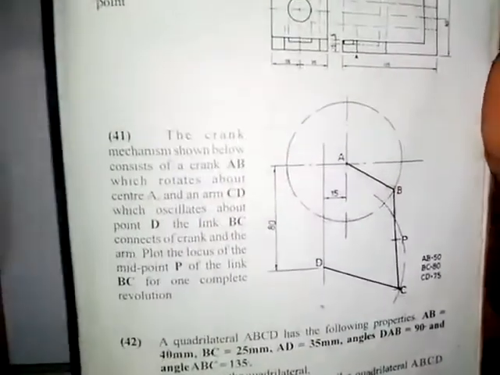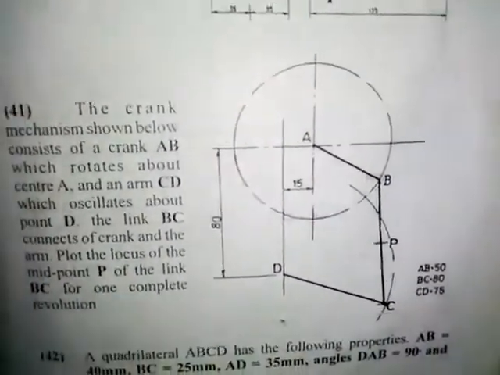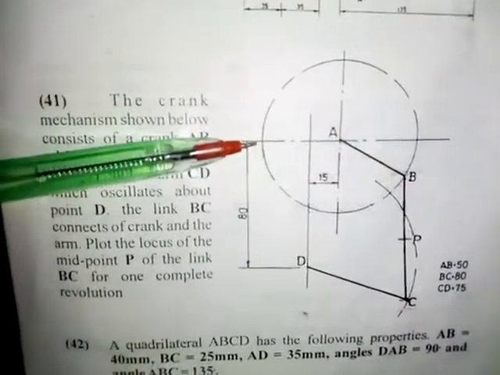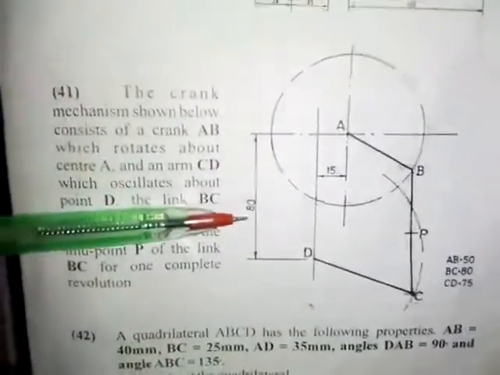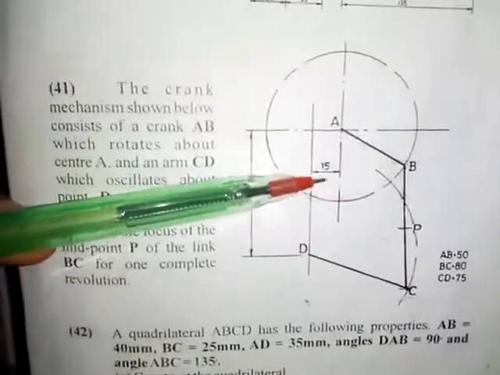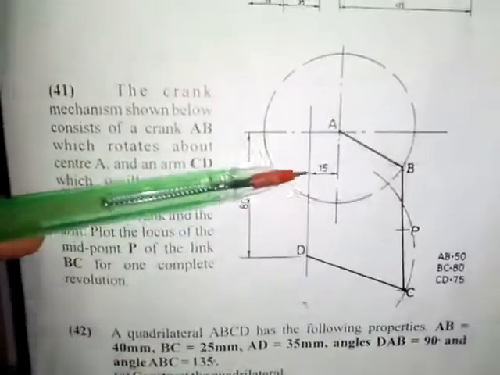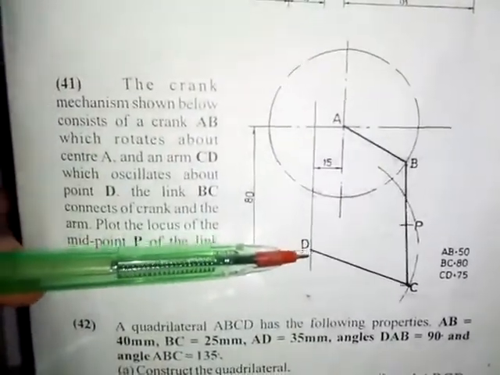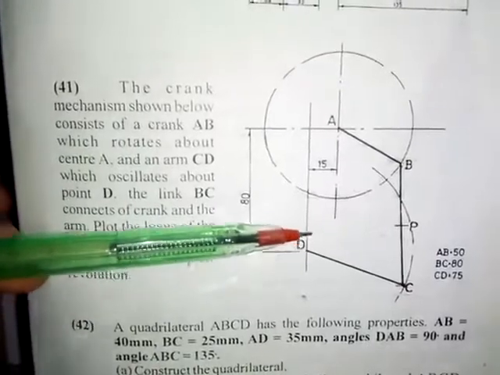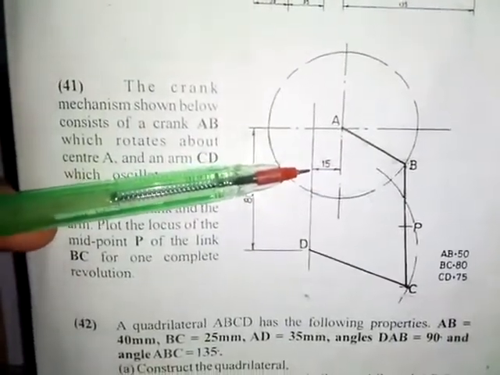So looking at what we have here, I believe you can see the dimensions. The distance of the center of the crank from point D is 80 millimeters, and the distance of the line upon which D is located from the center of the circle is 15 millimeters.